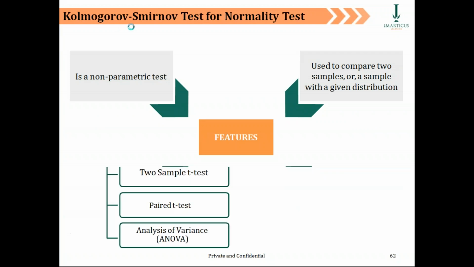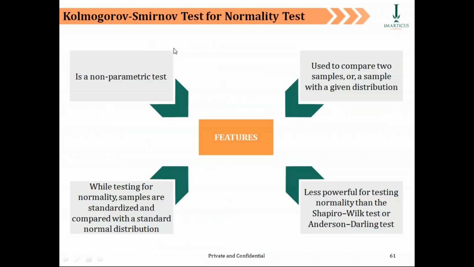Now the next topic is the Kolmogorov-Smirnov test. Listen carefully, it is a non-parametric test. That means data which is not following a kind of parametric behavior; you do not know whether the data is following any equation, and then you check whether it is normally distributed or not.